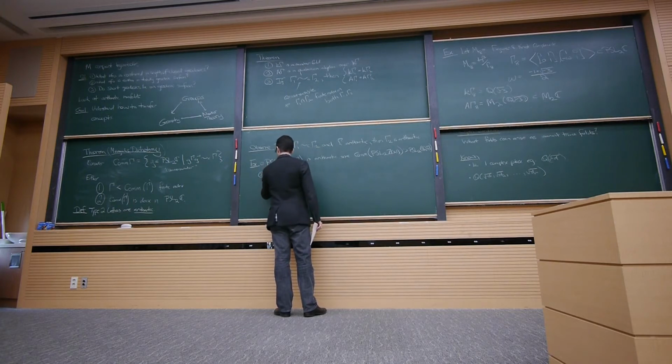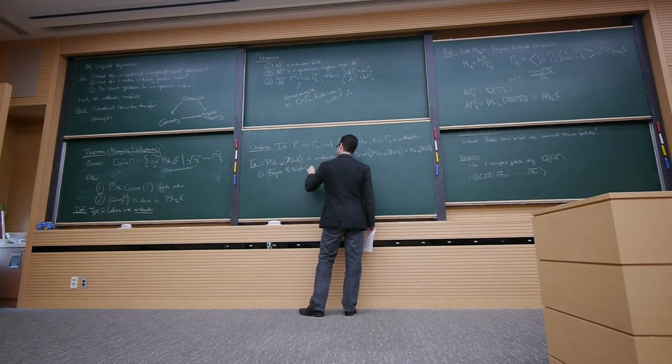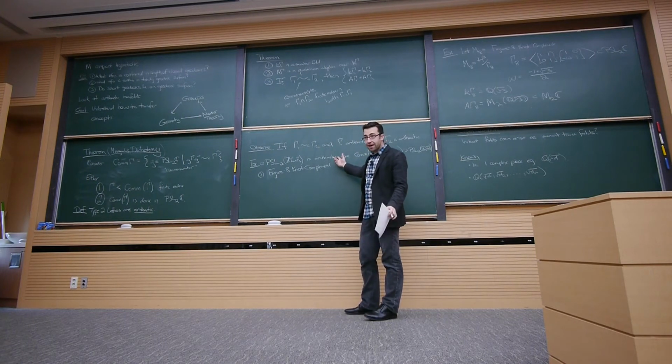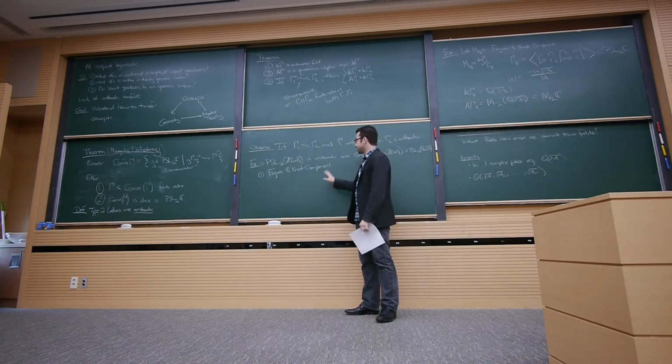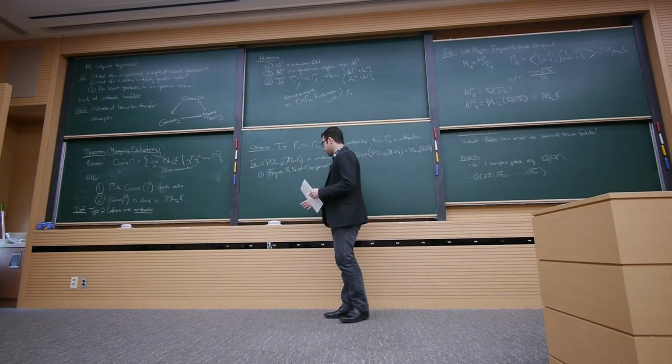The consequence is that the figure 8 knot complement, this thing is going to sit inside of here, finite index. This thing is going to be arithmetic, so this guy is arithmetic.